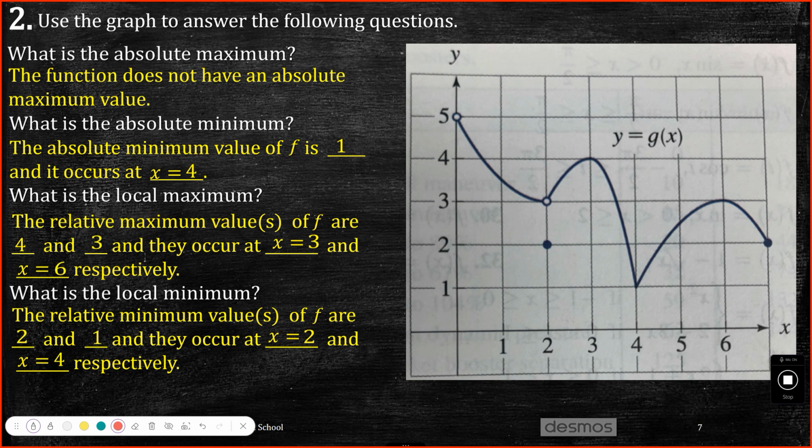If it's at the endpoints, try not to even worry about it unless it is an absolute minimum. So if it was right here instead of there, then it would be an absolute minimum. But otherwise, don't even say it's anything at all. Unless it is an absolute minimum at the endpoints, don't even treat it as anything local. So that wouldn't be.